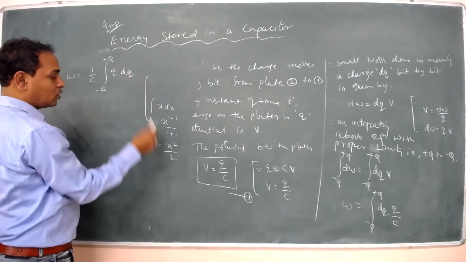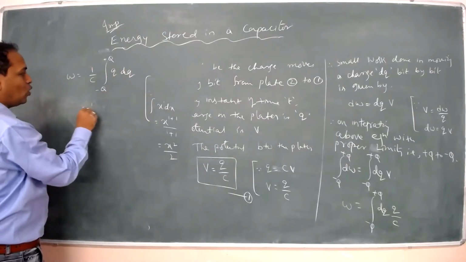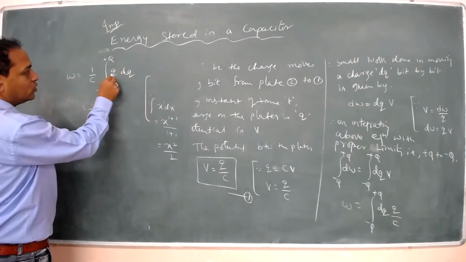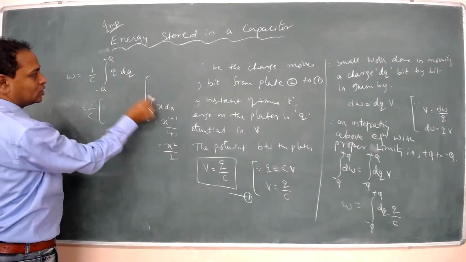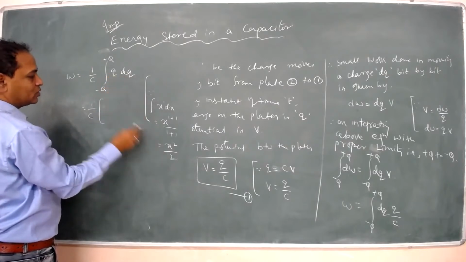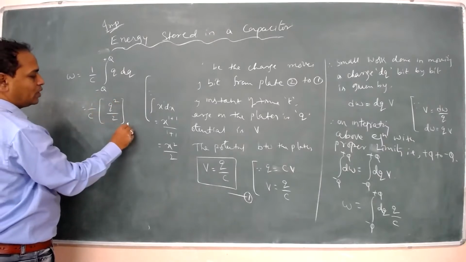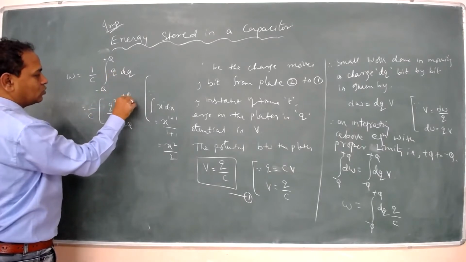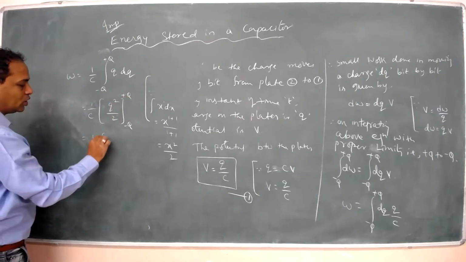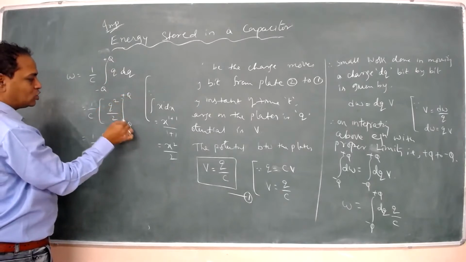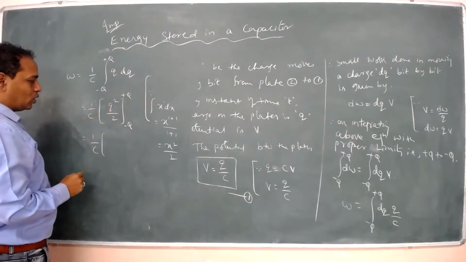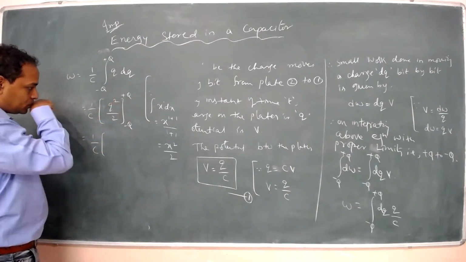So the same we can write here: 1 by C into x dx becomes Q squared by 2, with limits minus Q and plus Q. Therefore, 1 by C into the upper limit minus the lower limit, we have to calculate by substituting.